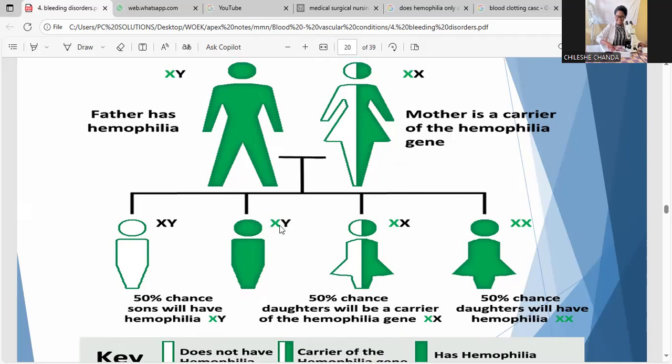And so this child will have active hemophilia A disease.